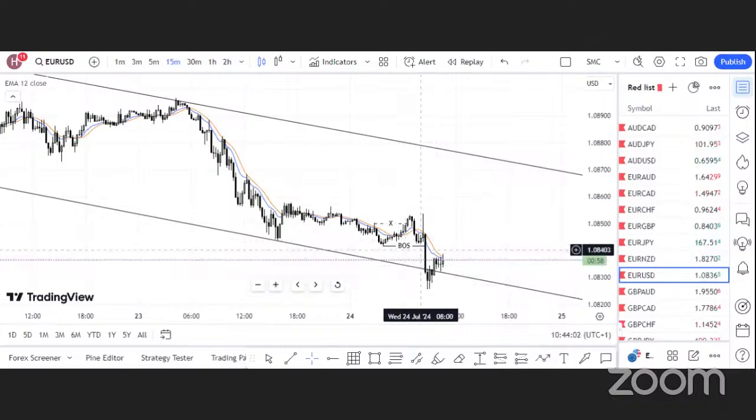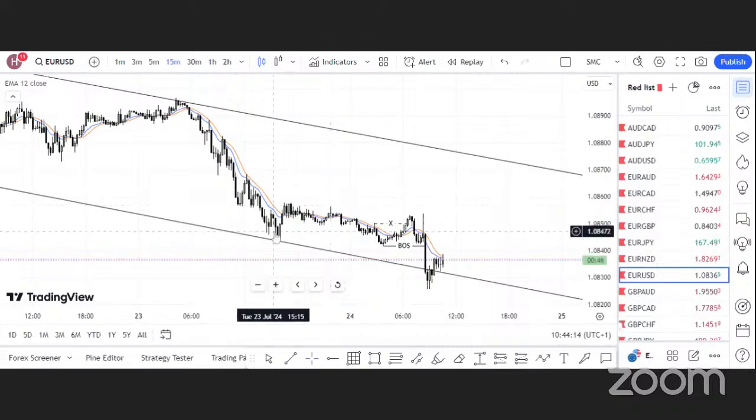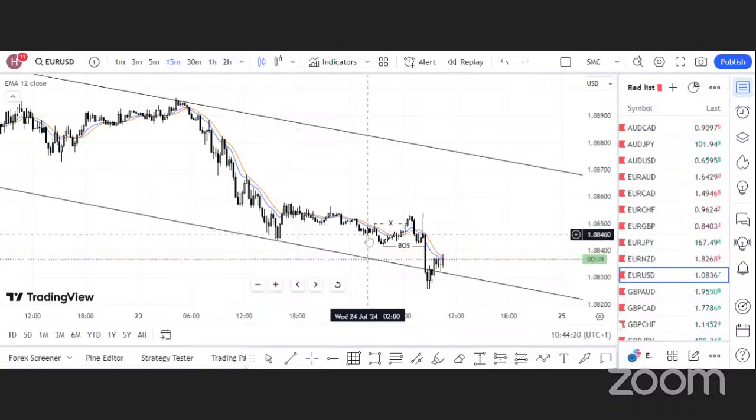When the candle is this long, you see there's a gap here. This gap is what is known as the fair value gap, and they are caused by market imbalance. So when there's an imbalance, a fair value gap is created.